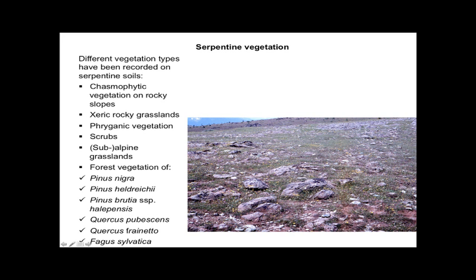However, a lot of different vegetation types have been recorded on serpentine areas, and these are vegetation types recorded in Greece on serpentine areas. For instance, we have chasmophytic vegetation on rocky slopes. This is a picture of chasmophytic vegetation.